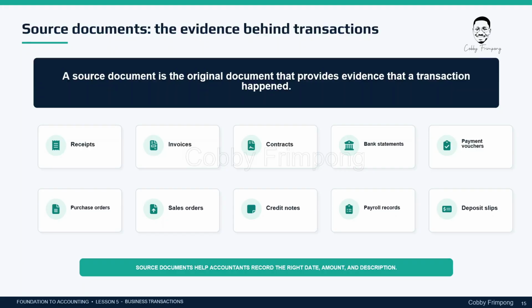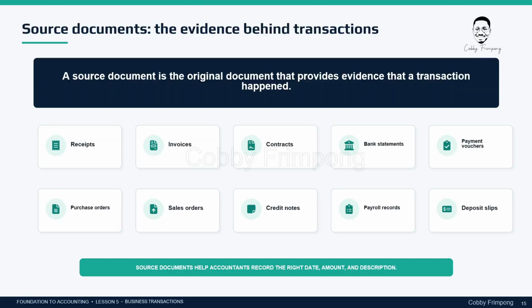Let us now look at source documents, the evidence behind transactions. A source document is the original document that provides evidence that a transaction happened. Common source documents include receipts, invoices, contracts, bank statements, purchase vouchers, purchase orders, sales orders, credit notes, debit notes, payroll records, delivery notes, and deposit slips.